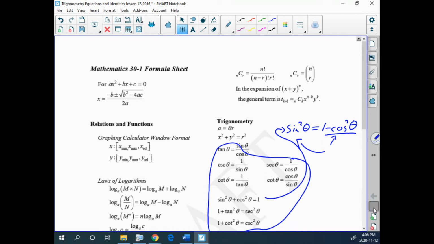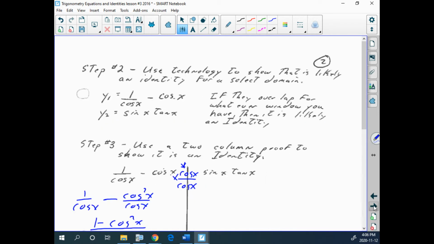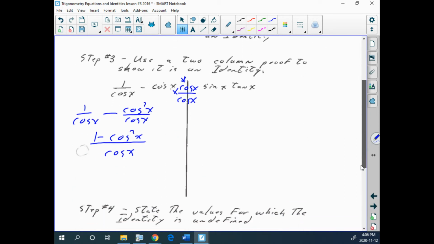So I'm simplifying 2 terms down to 1 term. This entire thing is sine squared x. I'm going to replace that. I'm not quite done yet. I'm going to write the sine squared x as sine x times sine x. And then I'm going to put this guy over cosine x.